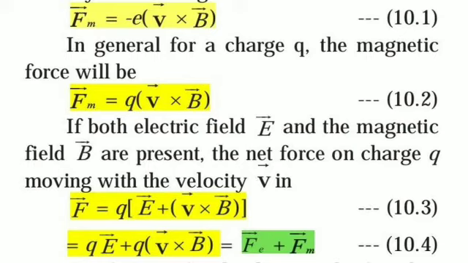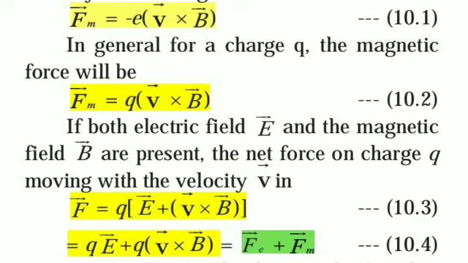Actually, the magnetic force Fm on an electron with charge minus e moving with velocity vector v in a magnetic field vector B is given by equation 1, which I have highlighted in yellow: vector Fm is equal to minus e times vector v cross vector B. So in general, for a charge q, the magnetic force will be, see the second equation, 10.2, vector Fm is equal to q times vector v cross vector B.